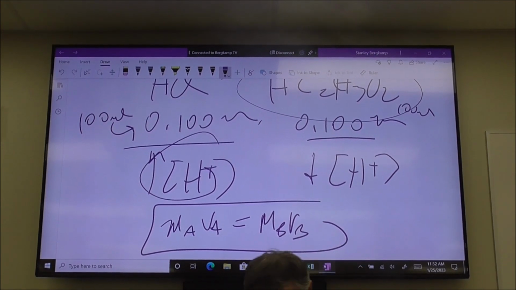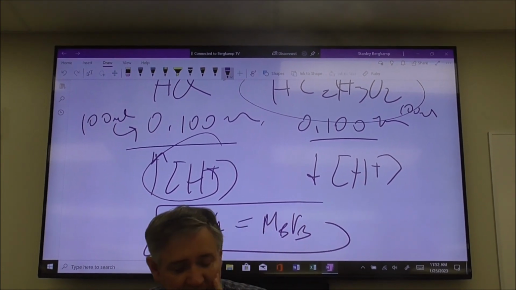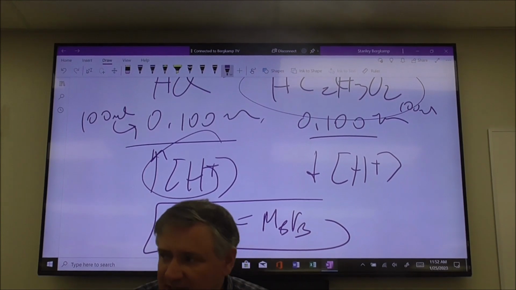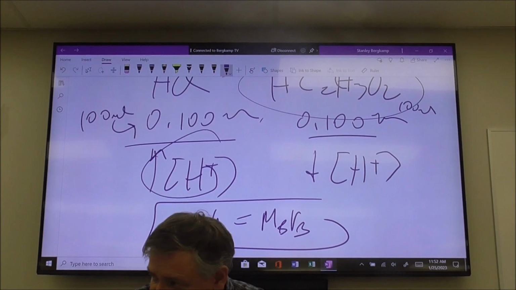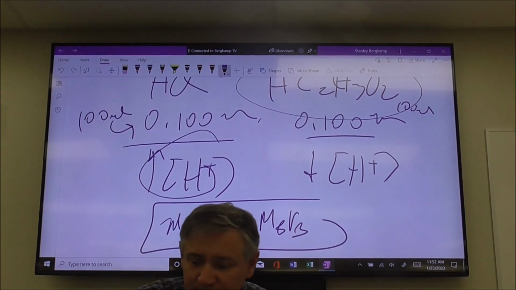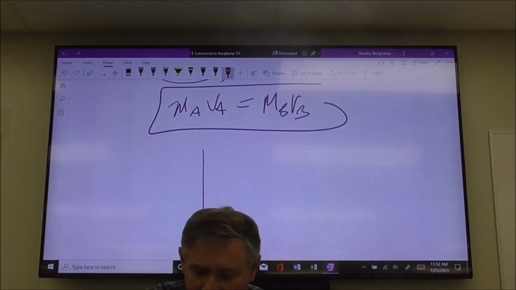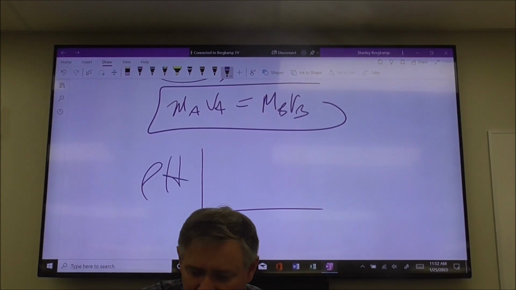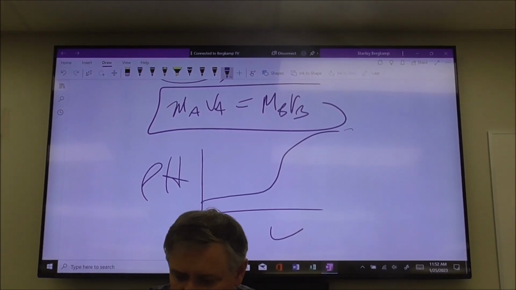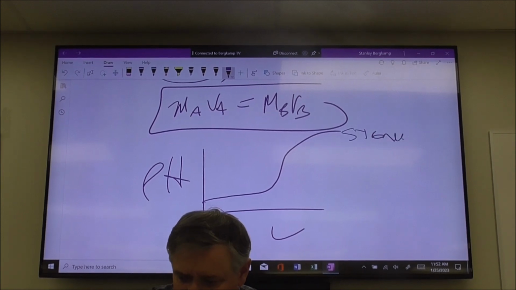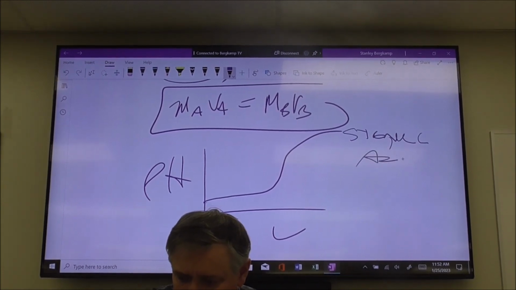Okay? All right. Now, the kicker of this is when you get to C, at the equivalence point. And keep this in mind when you draw your graphs today, when you draw your pH curves. So, if you have a pH versus volume, if this is a strong acid, nitric acid, whatever it is, okay?